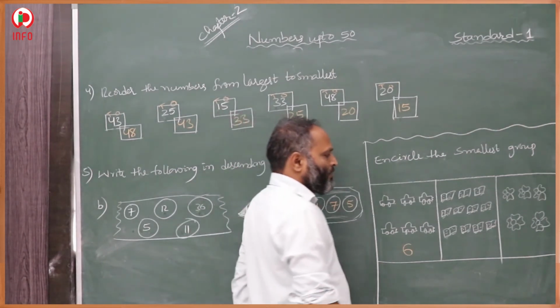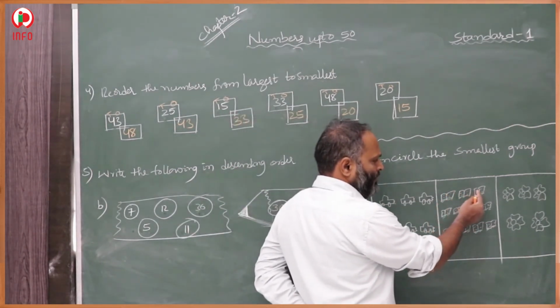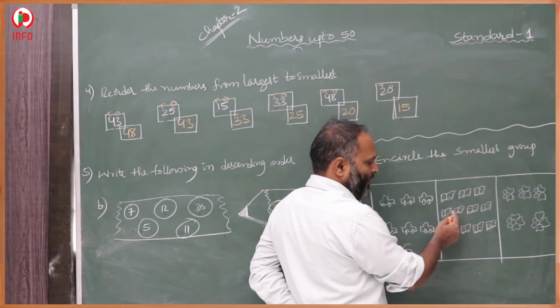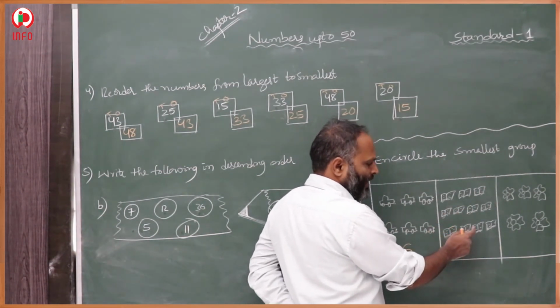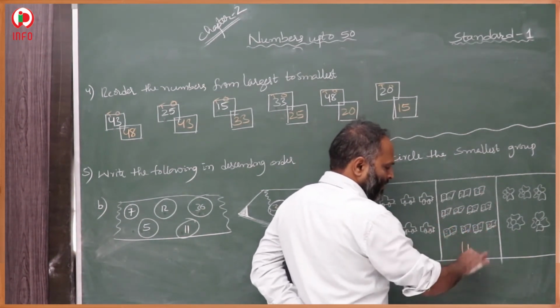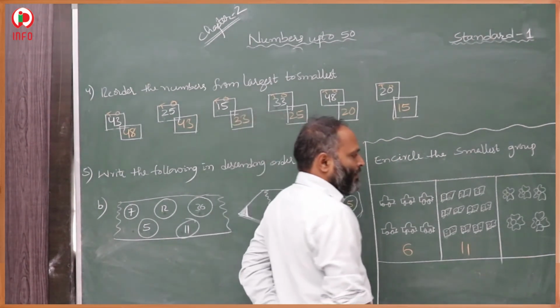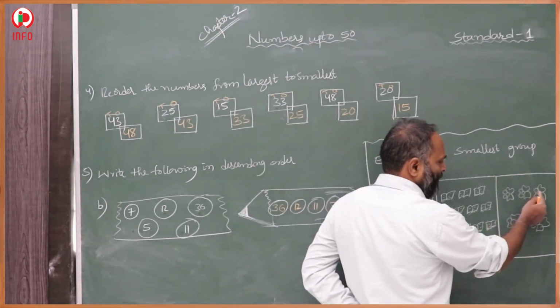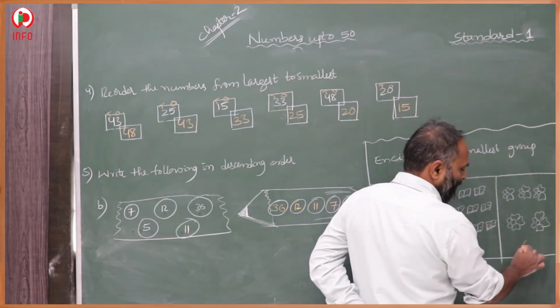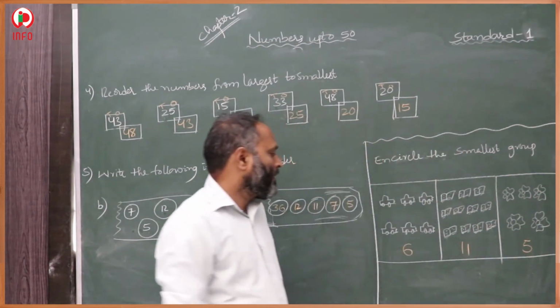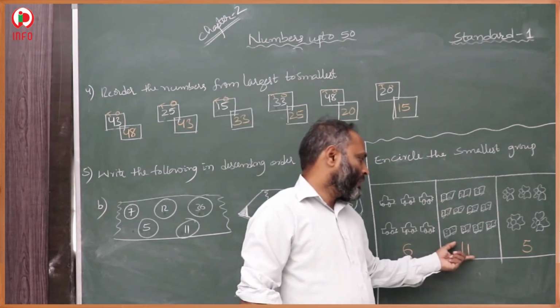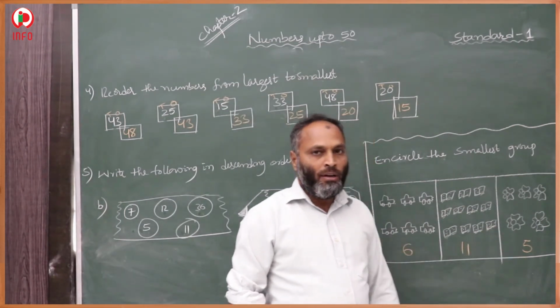Then how many textbooks are given? 1, 2, 3, 4, 5, 6, 7, 8, 9, 10, 11. 11 textbooks were given. Then how many flowers? 1, 2, 3, 4, 5. 5 flowers. 6 cards, 11 textbooks, 5 flowers given.